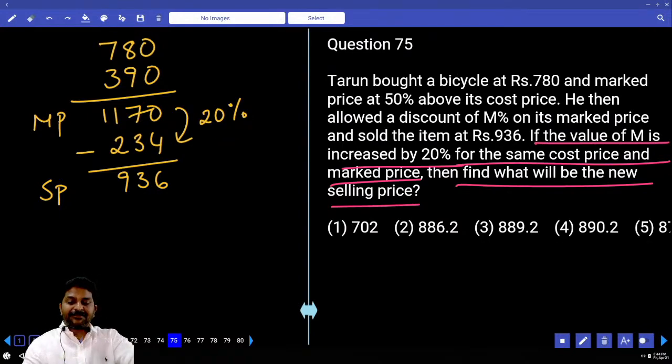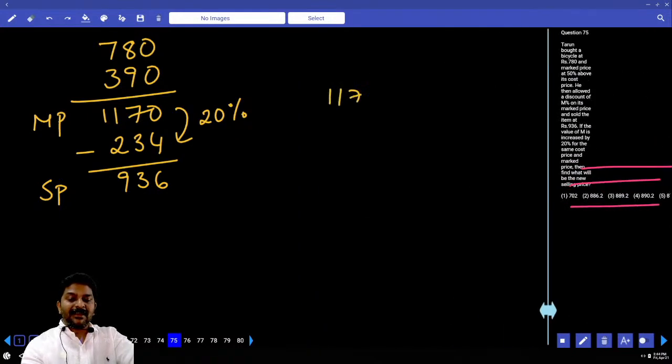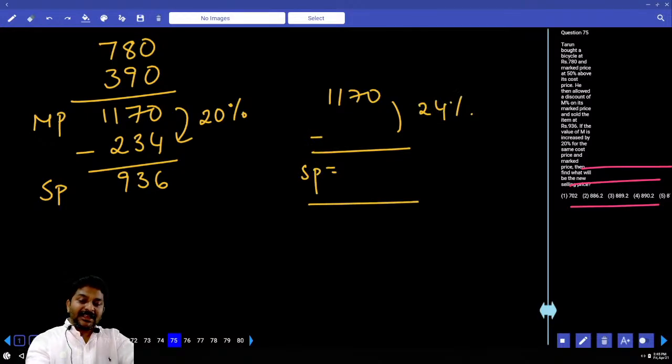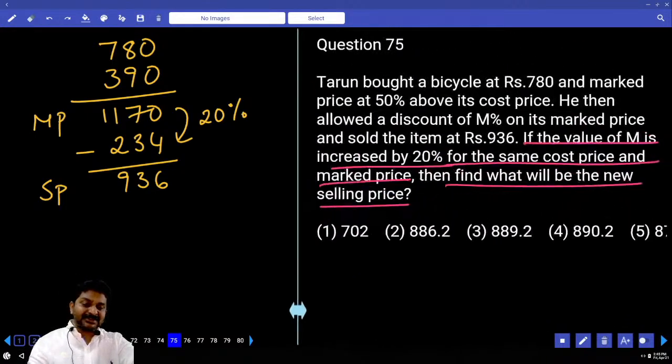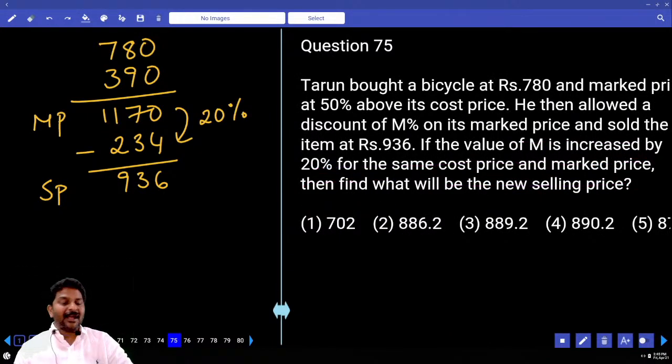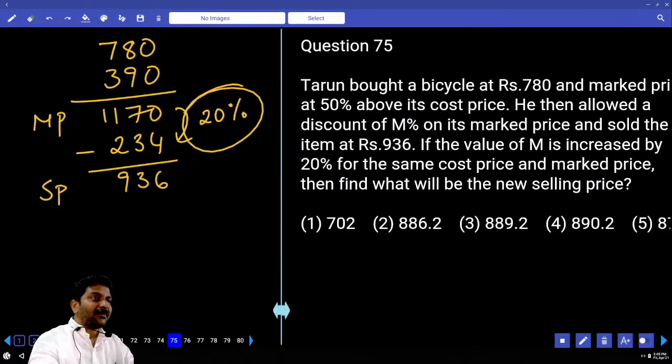So now instead of 20% upon 1170, we need to give 24% discount and calculate the selling price only. Yes or no? Instead of doing this, we can reduce the simplification. Already we gave 20% discount. Extra discount we are giving, right? How much is that extra discount? 4%. Or you can say 20% of this number. Come on.